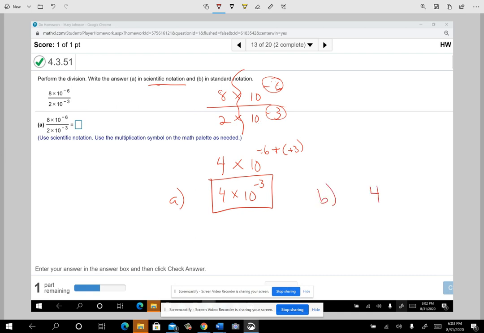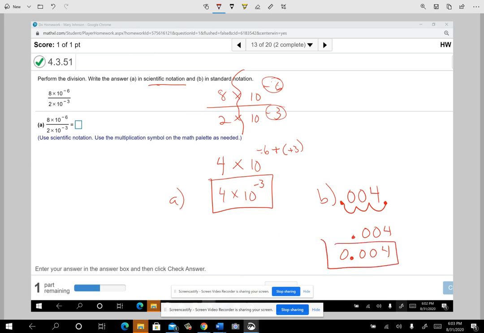So you're starting with the 4 that has an understood decimal here, and you're trying to have a small number. So you're going to move it 1, 2, 3 spots. And so your answer to part B would be 4 thousandths. And you can put the leading 0 there. That has the same meaning, just for good practice.